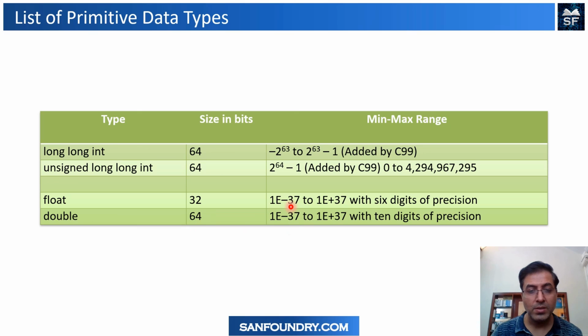The numbers range from 10 to the power minus 37 up to 10 to the power 37. A very high range of values is stored in a specific IEEE format. The only difference you see here is the digits of precision after the decimal dot. A float can store 6 digits, and a double can store 10 digits.